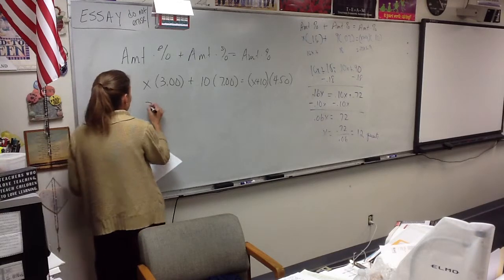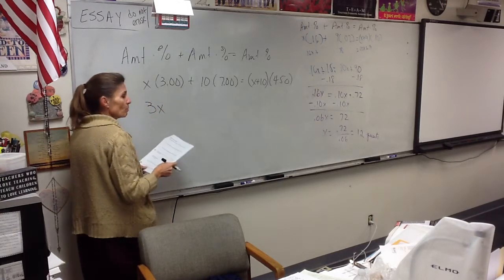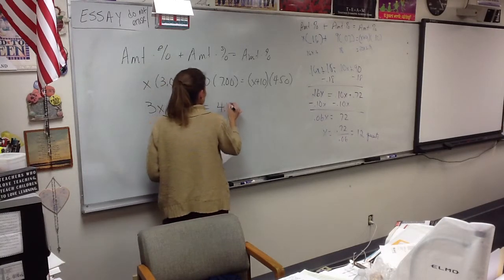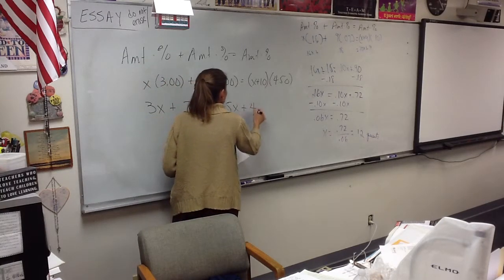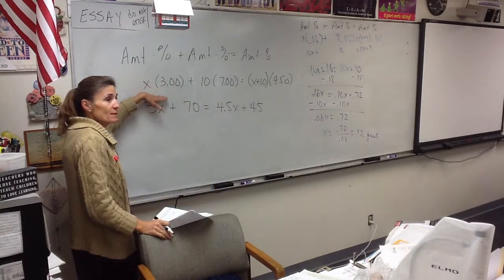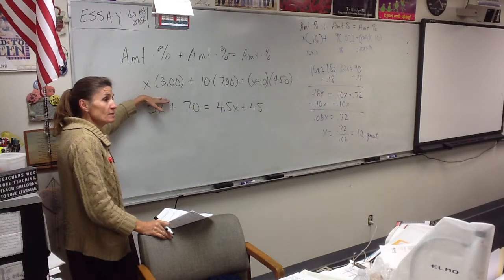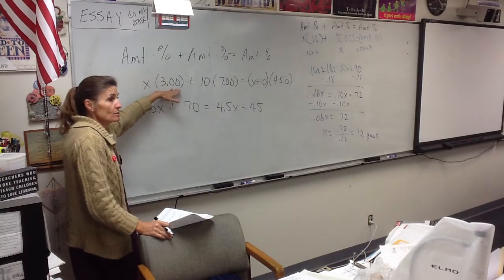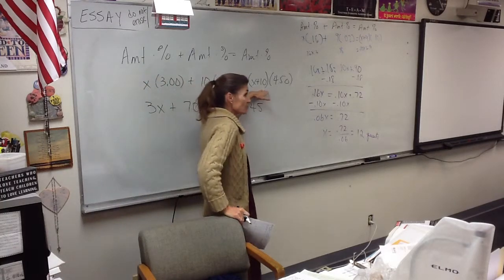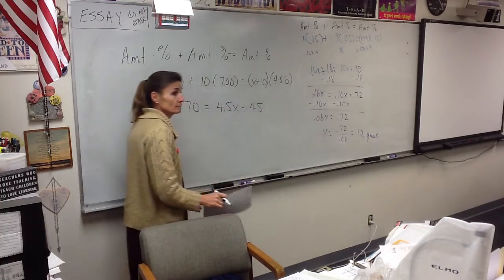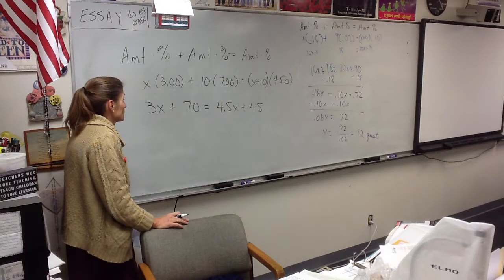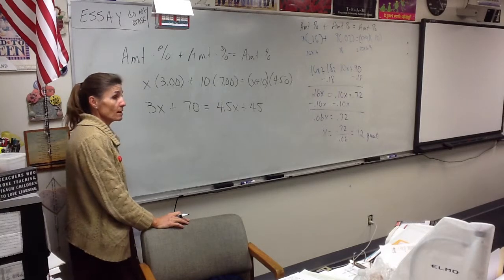Okay, so we have 3x plus 70 equals 4.5x plus 45. I want to make sure everybody's got this equation. Is everybody good with this? X times $3 plus 10 times $7 equals X plus 10 times $4.50. Now I'm doing my arithmetic.